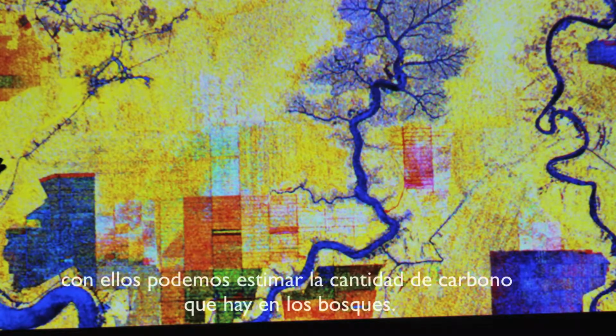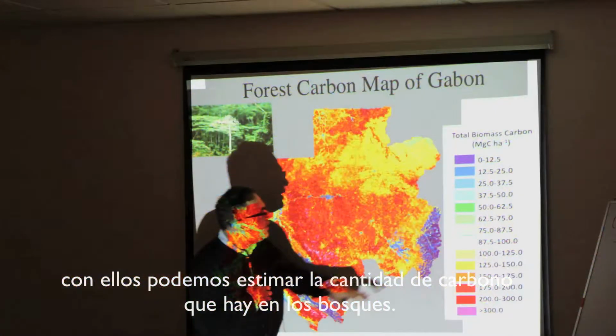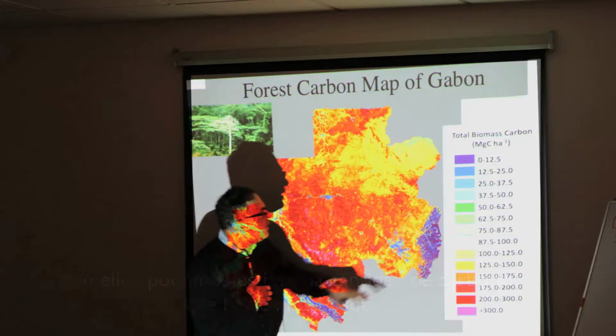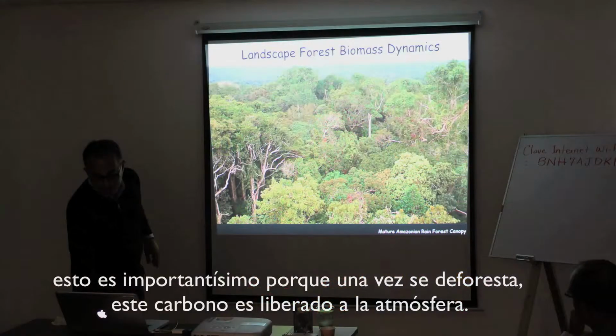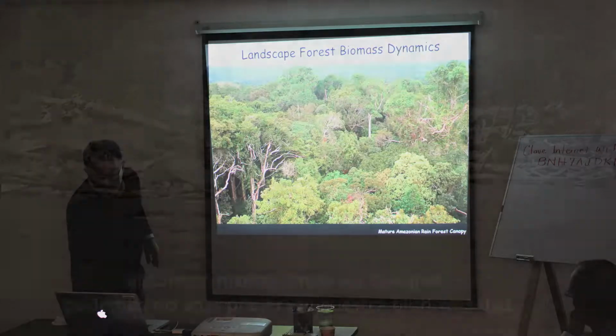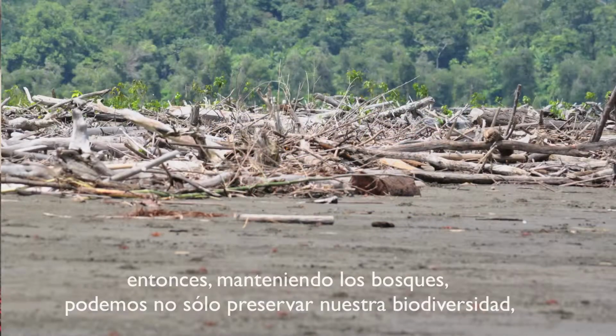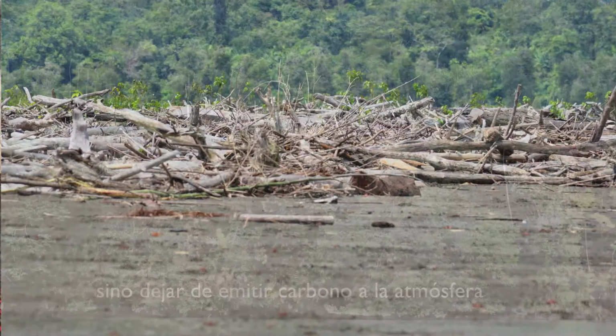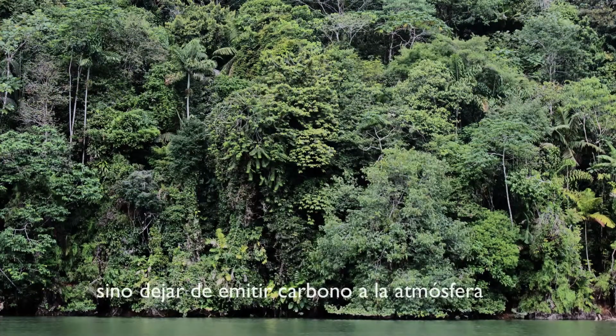And then once we have these things, we can actually estimate the amount of carbon stored in these forests. And this is extremely important because once you deforest, this carbon gets released to the atmosphere. And by keeping the forests, we can not only preserve our biodiversity on the land and forests, but also stop emitting carbon to the atmosphere.